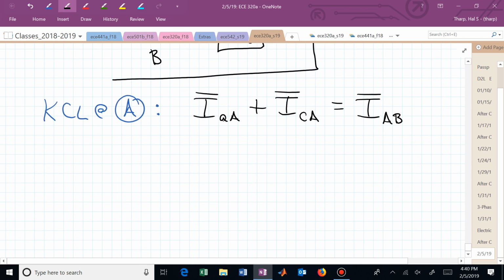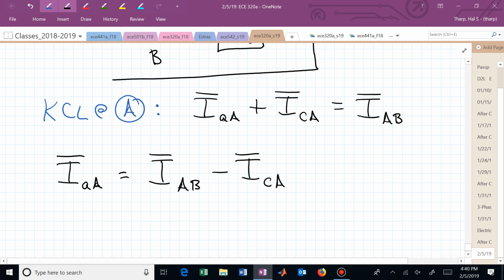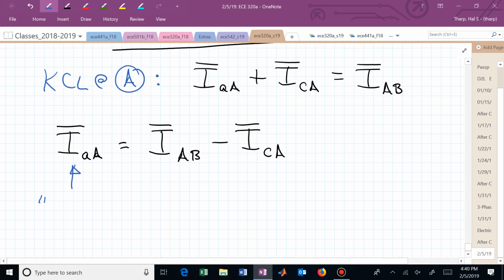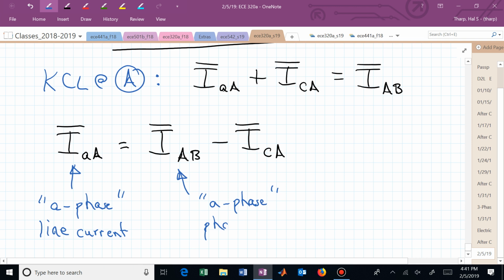I now can say that I sub AA is equal to I sub AB minus I sub CA, where this is the A phase line current, and this is the A phase phase current, because that's the current in the A phase impedance of that delta connected load.